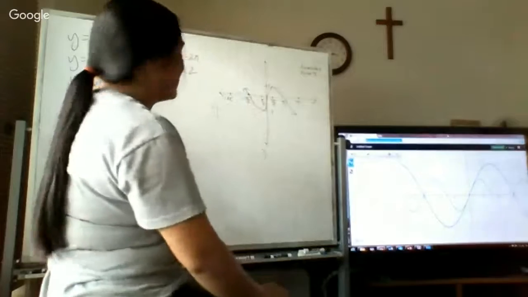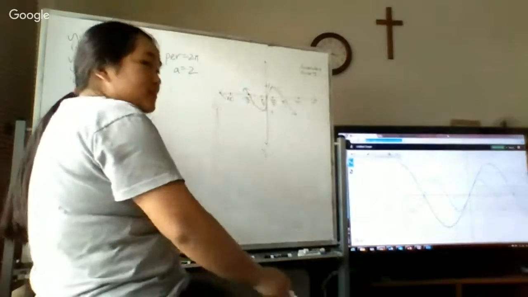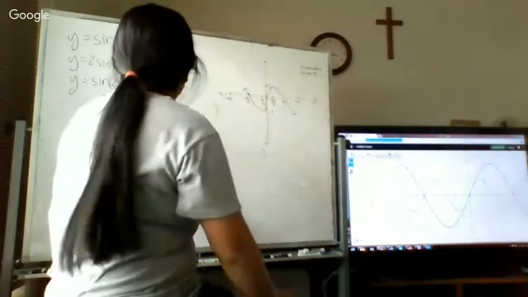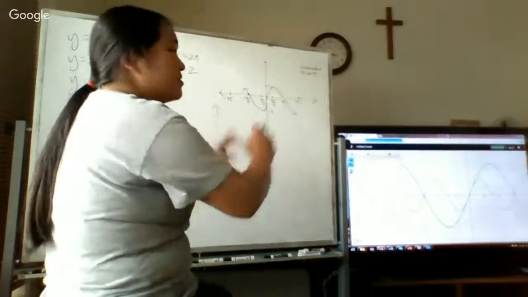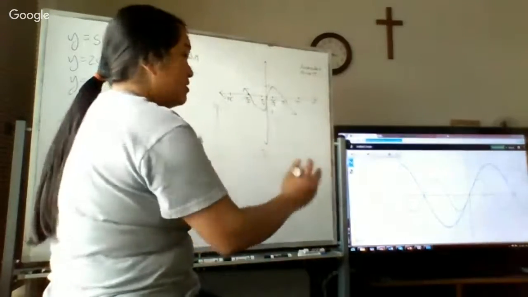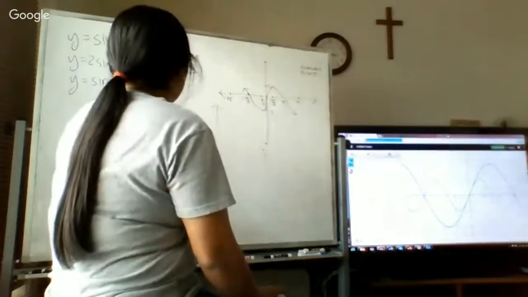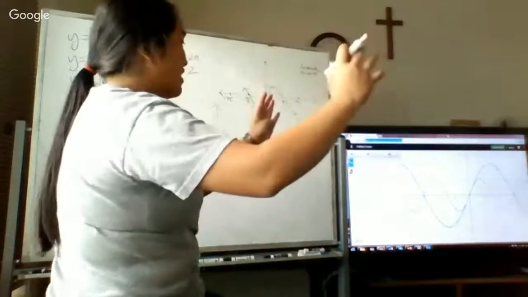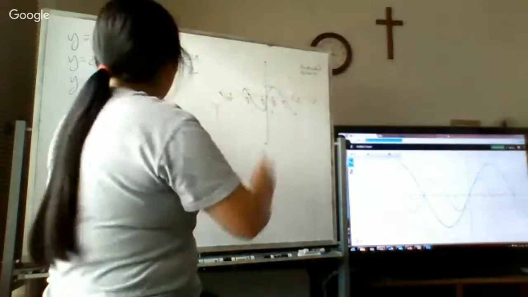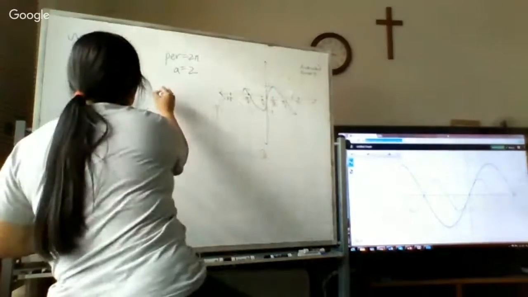And amplitude is 1. Okay. So we know that the period is pi, and we know that every single period is the same, right? So if you move this to the right pi, then it's just going to be shifted that way. And period is pi.